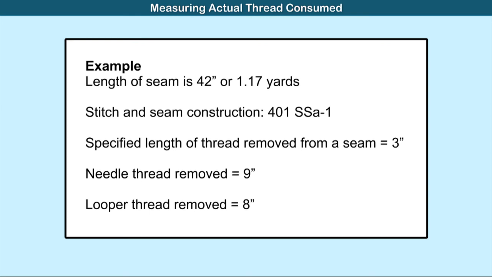For example, suppose the length of the seam is 42 inches. Stitch and seam construction is of superimposed 401 seam. Specified length of the seam removed is 3 inches.